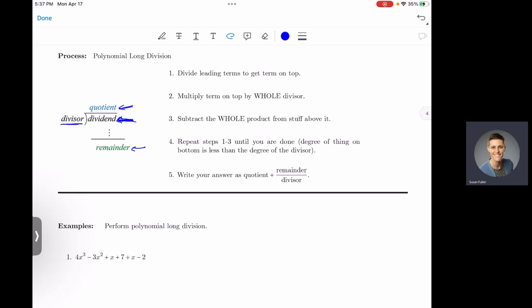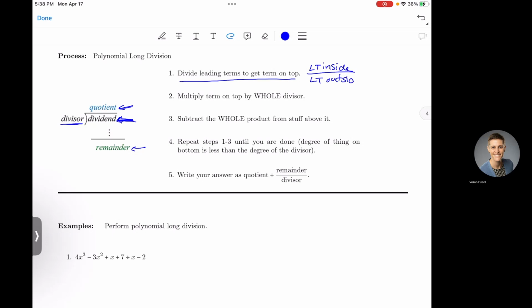The way that you build your quotient is you're going to divide the leading term inside by the leading term outside to get your term on top as part of the quotient. And you'll divide just your leading term to get the pieces of the quotient as you go.